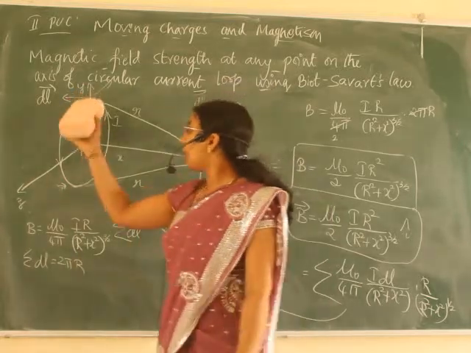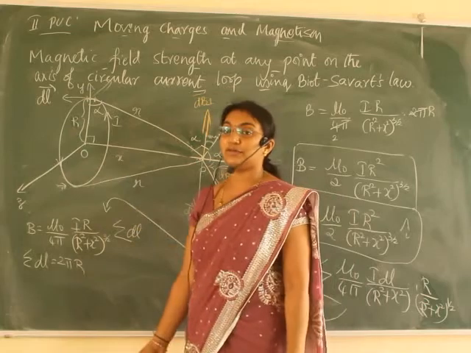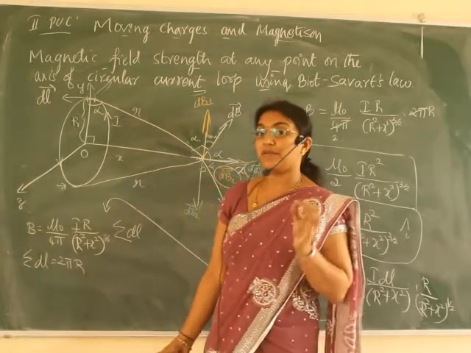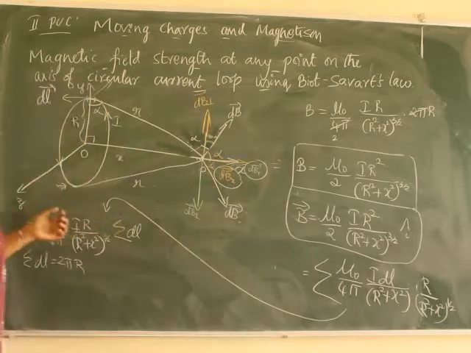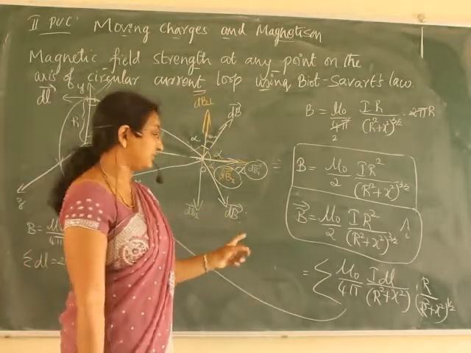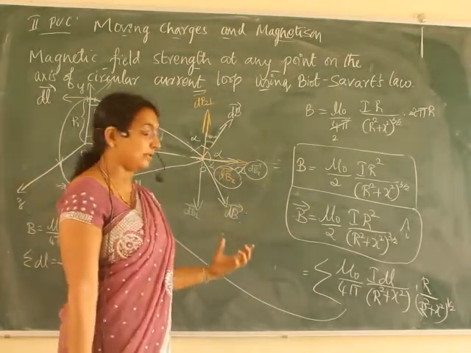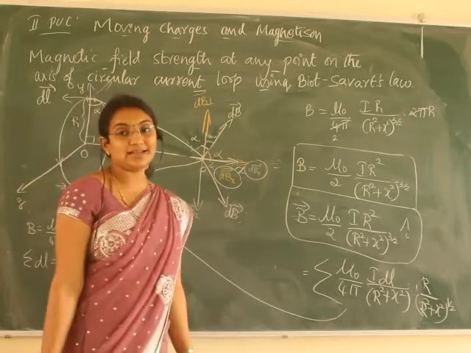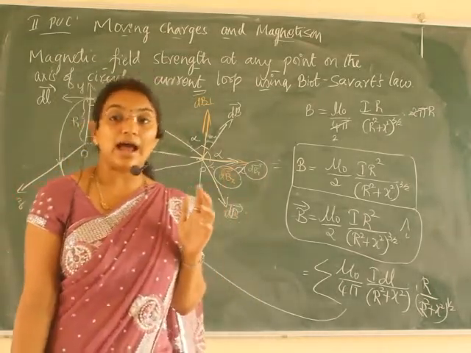For the diametrically opposite element, we consider one more infinitesimal small length dl. Due to that, the magnetic field is also the same at the point P, that is dB vector. We can also resolve this into two components. Along the y-axis it will get cancelled out, only along the x-axis it will remain.